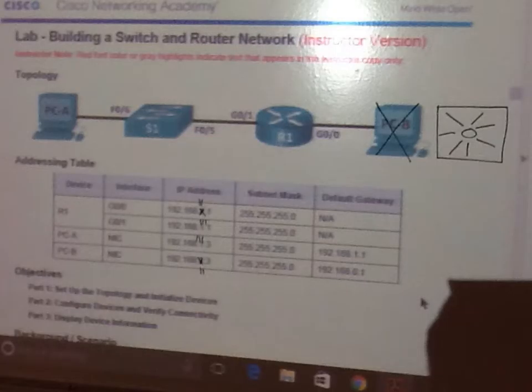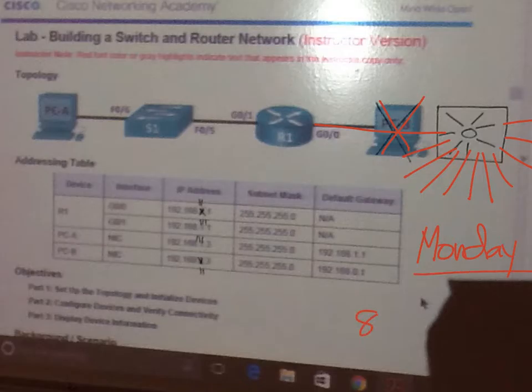We assigned some routers, and I got another picture of that here I'm going to show. So then we did this lab, and instead of a PC here, we're connecting to a multi-layered switch. And everybody's routers are connected, everybody that was in class Friday. If you weren't in class Friday, it would be a good idea for you to talk to me Monday after my programming class. Programming goes from 8 to 9:30.